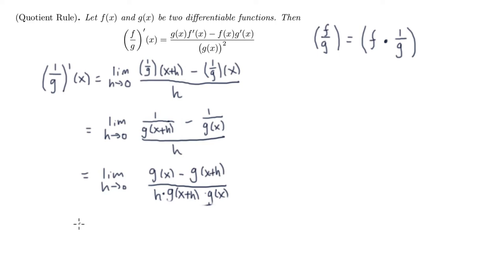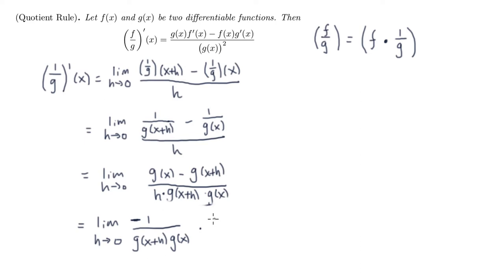So let's write this in a very suggestive form. So I'm going to factor out this 1 over g of x plus h and the 1 over g of x to have 1 over g of x plus h times g of x. And then times, I want to write this as, well, I'm going to factor out a minus 1, so I'm going to make this minus here, because I'm going to switch the order of these two.